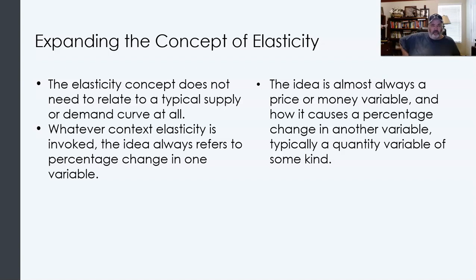The idea of elasticity is a really critical and important idea, and it shows that not all demand and not all supply is equal. And it almost always comes down to budget and price and money.